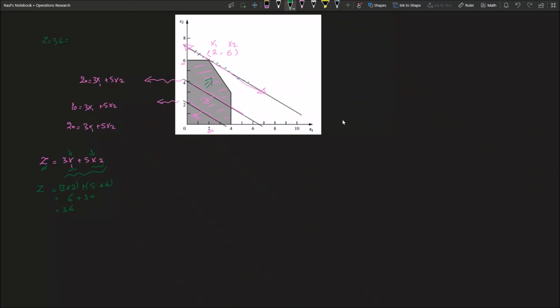Okay, that being said, let z equal 36. That equals the main equation, which is the maximization equation, which says 36 equals 3x1 plus 5x2. If we do that, then we will get this line. So now we covered as much as we could from our feasible region, which is considered an acceptable graphical solution.